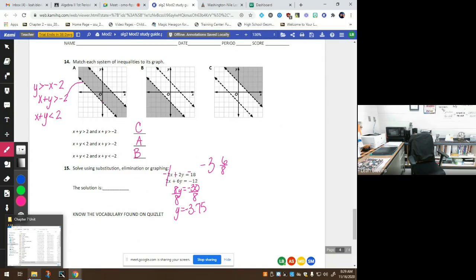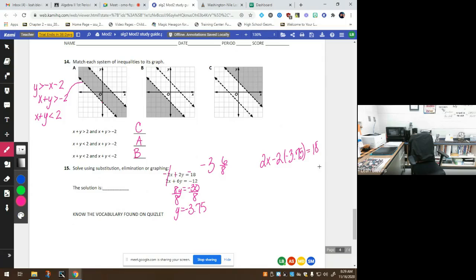Now we've got to find our x. Plug it into the original first one. Okay, so 2 times x minus 2 times -3.75 equals 18. Well, 2 times 3 is 6. 2 times 75 is $1.50. Always think of it in terms of money, makes it a lot easier. So 6 and $1.50 make $7.50, right?